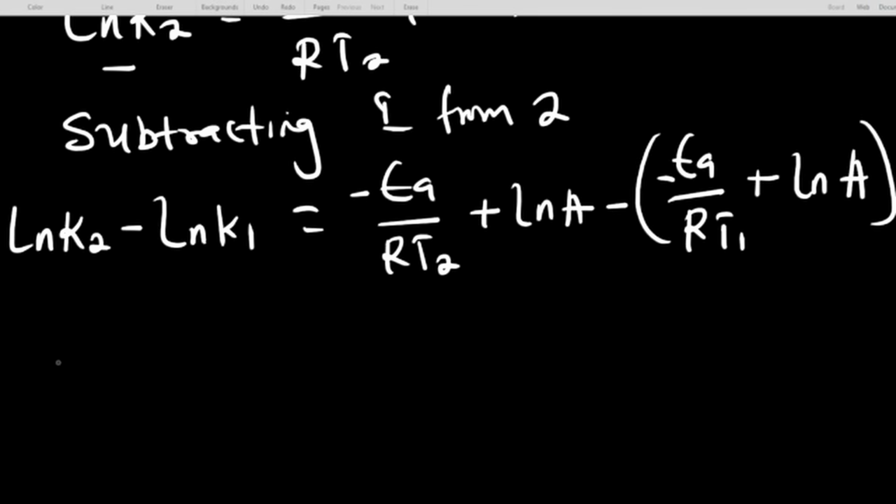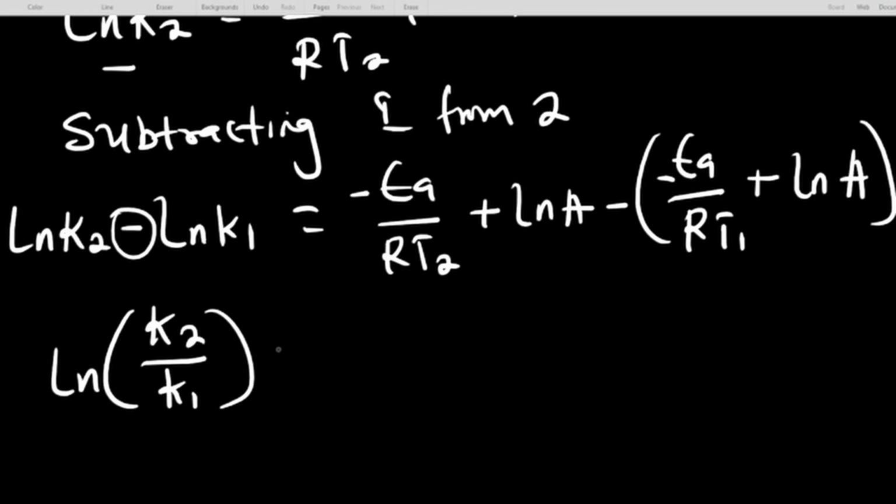So here we write the left hand side to be ln, remember that they are subtracting, so this now becomes K2 over K1. And this is equal to, I'm going to distribute this negative across everything inside the bracket.